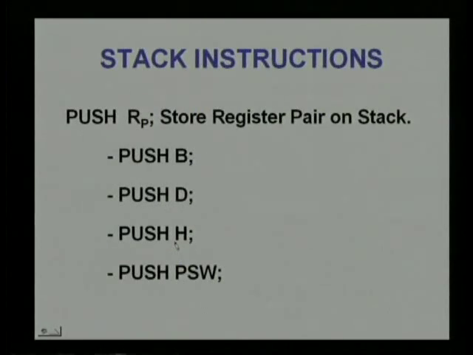Next, push H, this instruction stores HL register pair contents onto the stack. And push PSW, PSW stands for program status word. It is combination of accumulator contents and flag status. Considering these as 2 bytes, these will be stored on the stack.